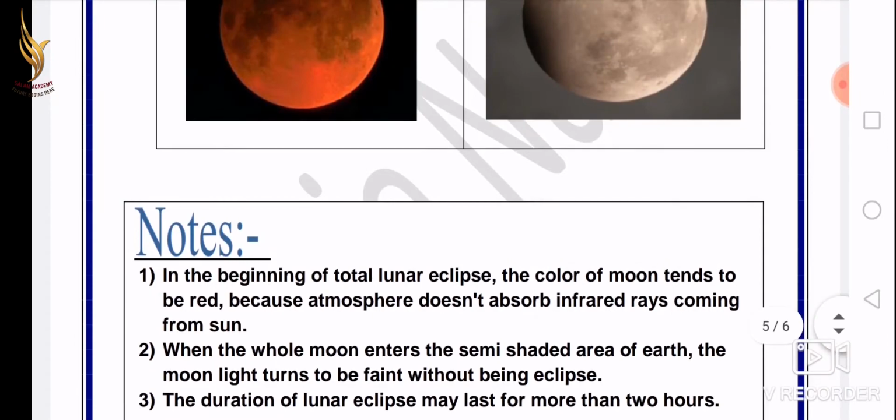Because the atmosphere doesn't absorb the infrared rays coming from the sun. The sun emits rays called infrared rays. These rays have a red color. The atmosphere doesn't absorb the infrared rays, so they fall on the moon, and the moon appears red or tends to be red. Okay?